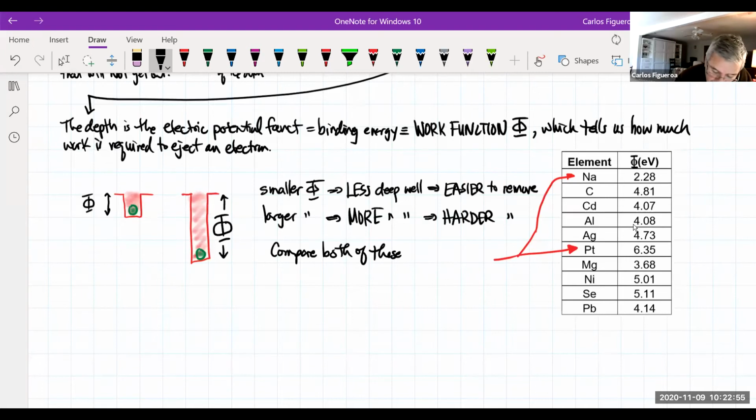The work function of sodium is 2.28 eV, versus the work function of platinum, which reads 6.35 eV. And you can see that because sodium has a lower work function, if I shine light on them, it's going to be easier to eject the electrons. Whereas platinum requires more energy to eject them because it has a deeper well.